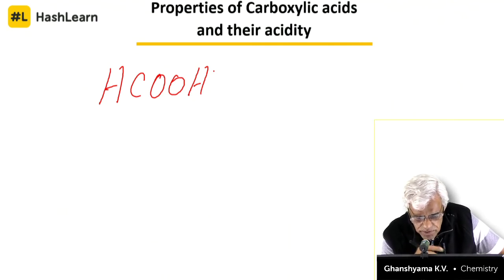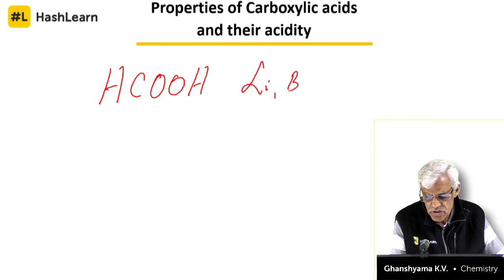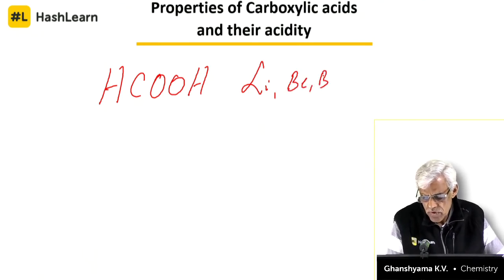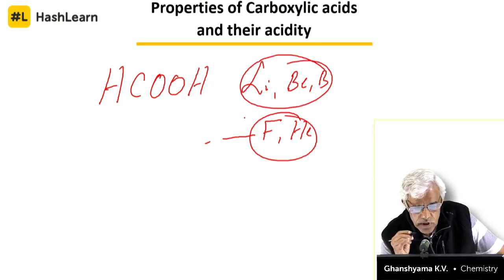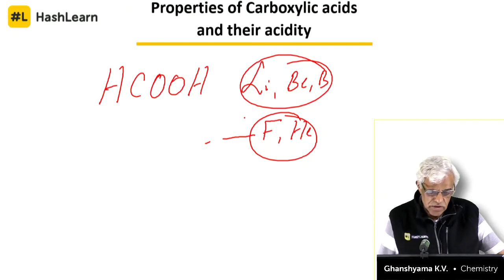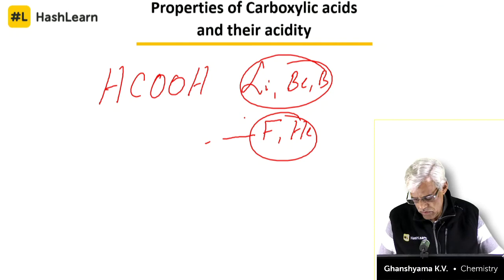In the periodic table, the first element of a group, lithium, beryllium, boron, fluorine, helium, are exceptions to that group. Similarly, in carboxylic acids, formic acid or methanoic acid is an exception.